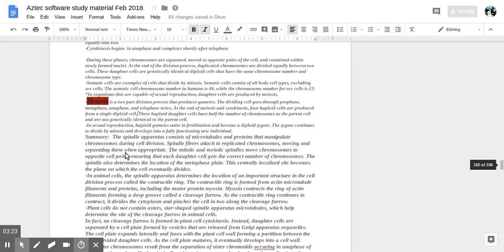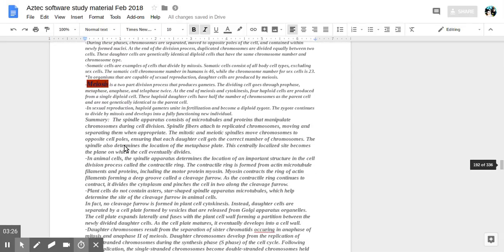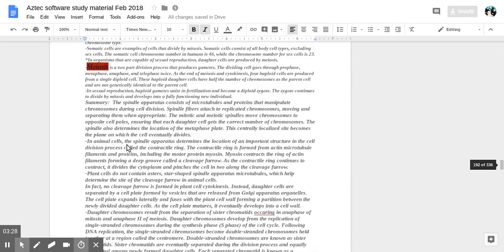In contrast, in meiosis you have production of gametes. Again, you're going through the same stages essentially, except telophase is gone through twice in order to produce 4 haploid cells at the end instead of just two, instead of 2 diploid cells like in mitosis.